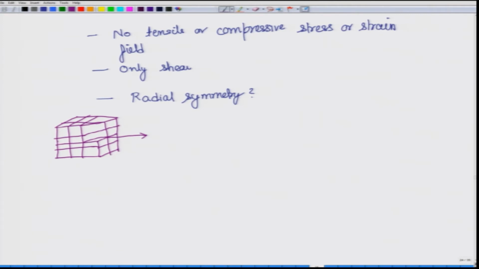So, for example, here it may look on the first appearance that okay, this is some particular direction which can be taken as a reference, and therefore, there cannot be any radial symmetry, but let us look at it. We can also draw it something like this.